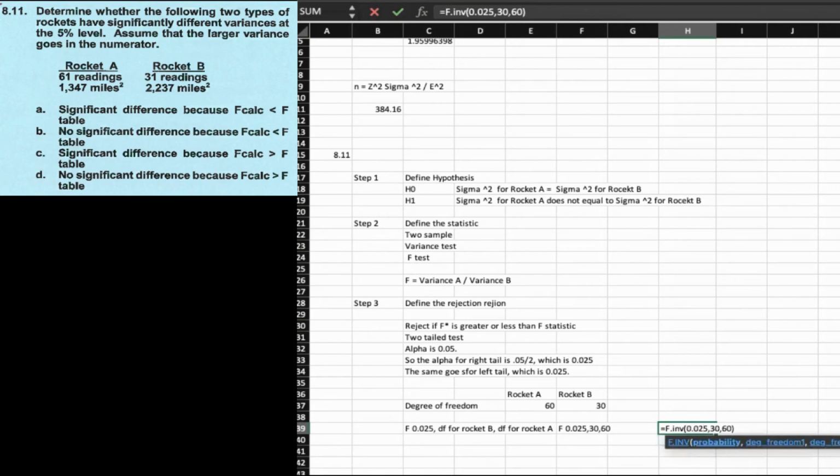Oh, okay, 0.025, 30. Since it's the probability, is it 1 minus 0.025, like the Z one? Let me try. Hold on. Oh, you're right.